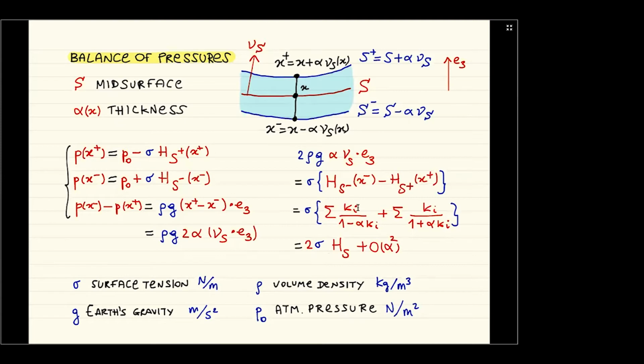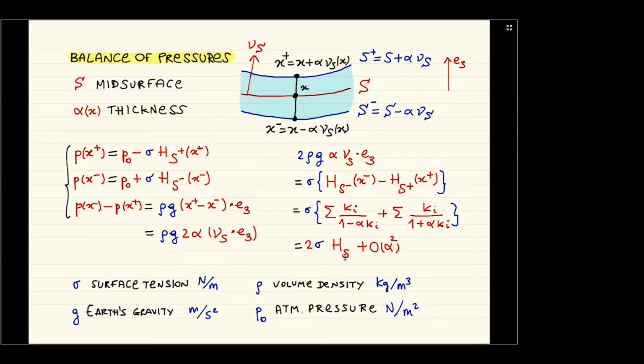The mean curvature is the sum of the principal curvatures, plus something of order alpha square, which is also cubic in the, sorry, it's quadratic in the curvature. So this is the kind of equation we get. And you see, it doesn't say exactly that the mean curvature is 0.